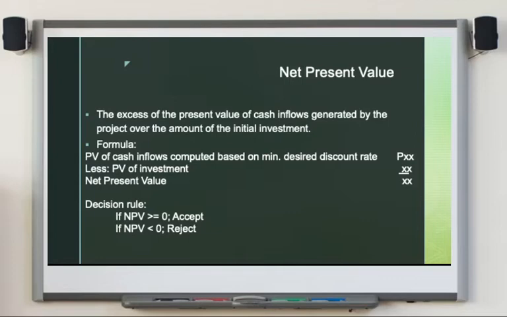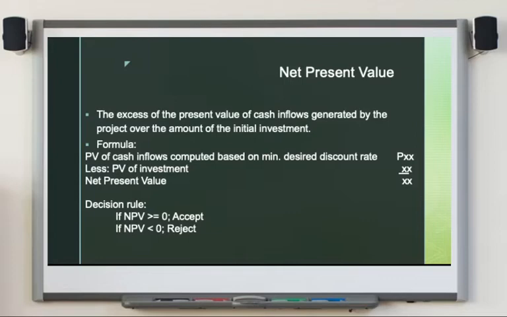Based on its formula, you can derive its concept by looking at the components, and that is simply deducting the cost of the investment from the cash inflow.